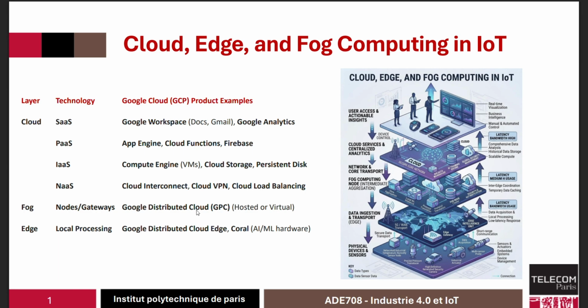Or the cloud layer, as you know, is like digital resources as a service. We have many different technologies like software as a service, for example, Gmail, Google Docs, etc. Platform as a service like App Engine, Google Functions, Firebase, etc. Infrastructure as a service for compute engines, cloud storage, and so on.